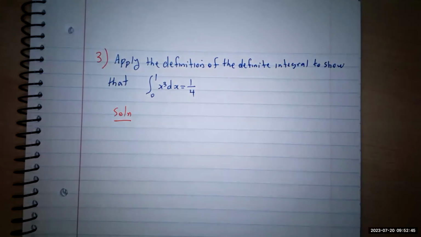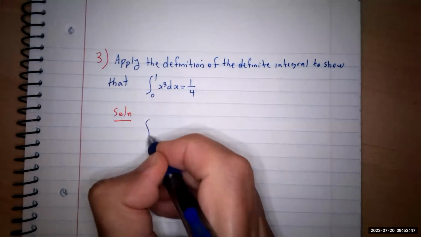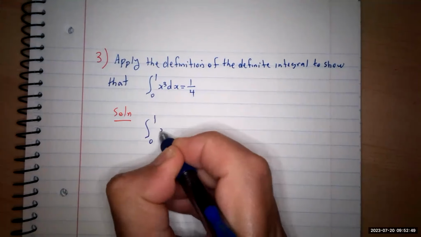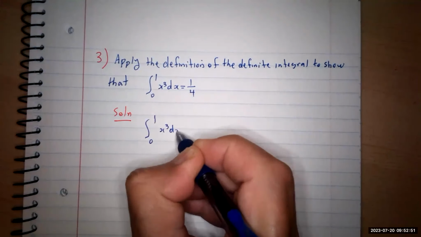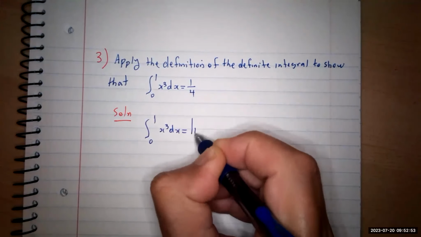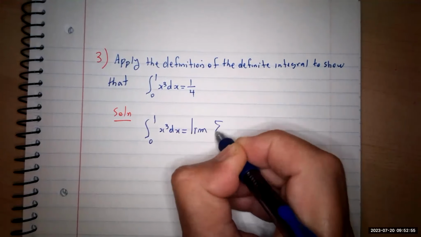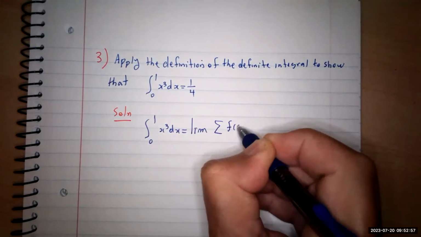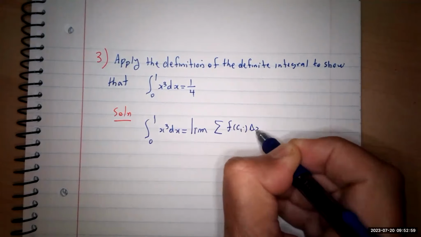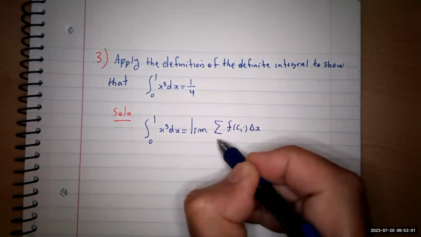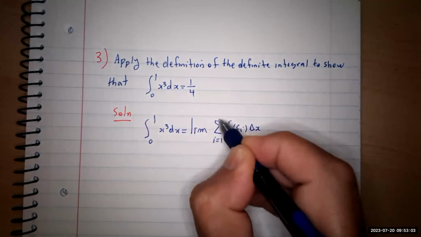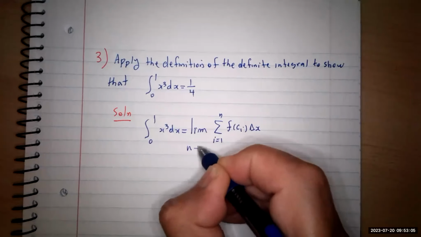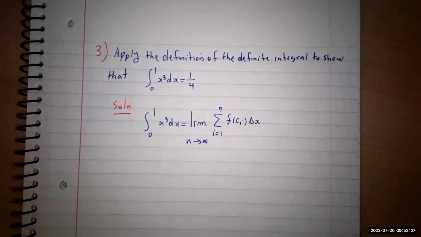By the definition, we mean the integral from 0 to 1 of x cubed dx is equal to the limit of the sum of f of ci times delta x, i from 1 to n, as n goes to infinity. That's it.